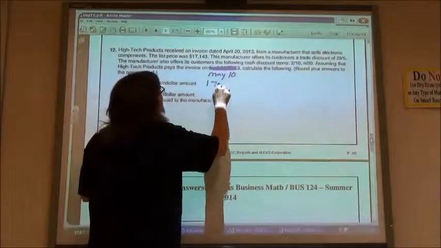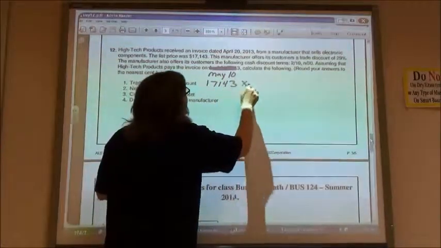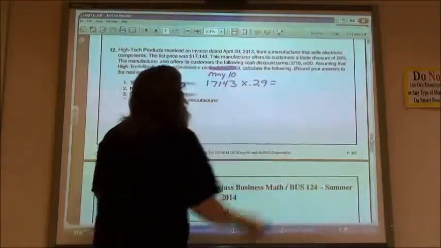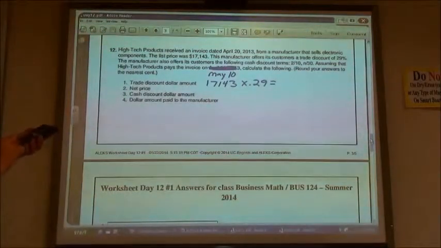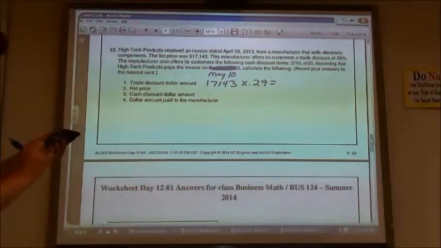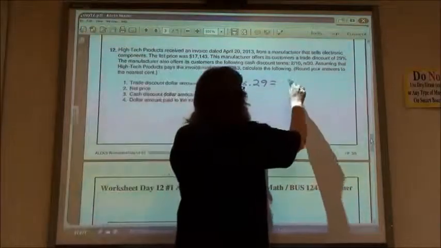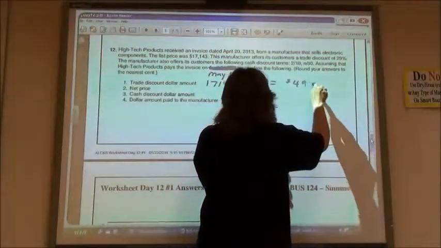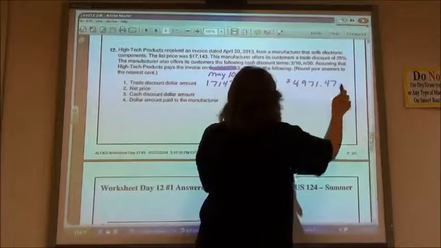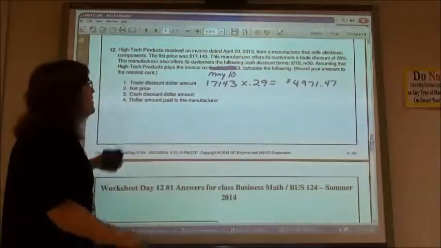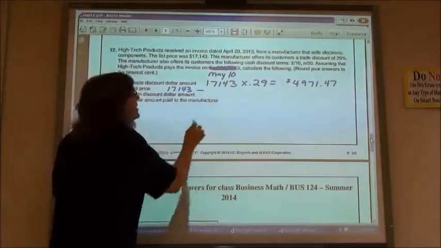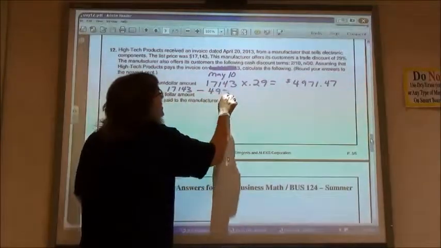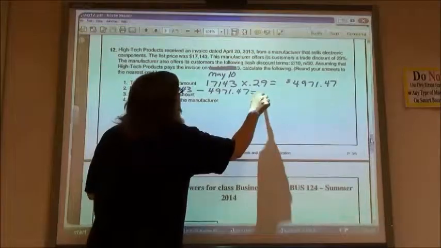So the $17,143, we get a trade discount of 29%. If I multiply that out, $17,143 times 0.29 gives me a discount of $4,971.47. So my net price, I'm going to take my $17,143 and subtract my discount of $4,971.47 off of that.